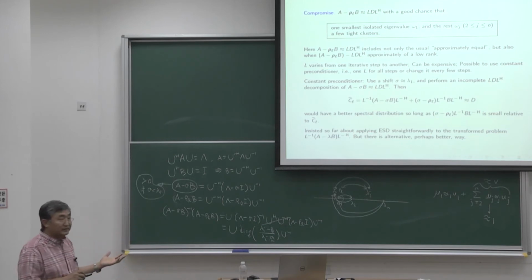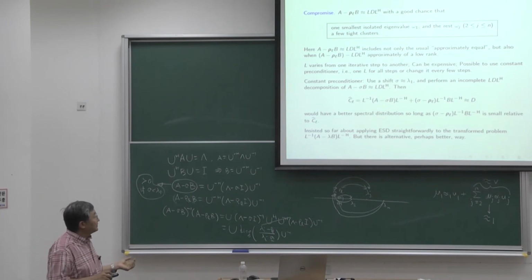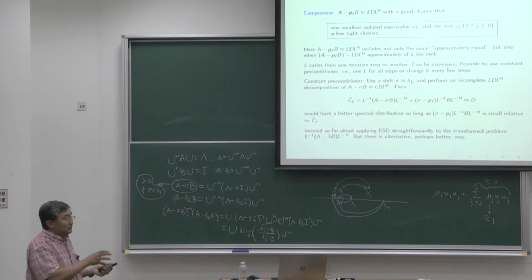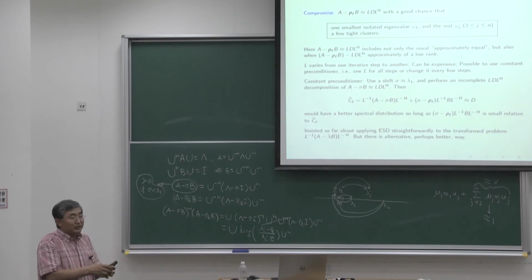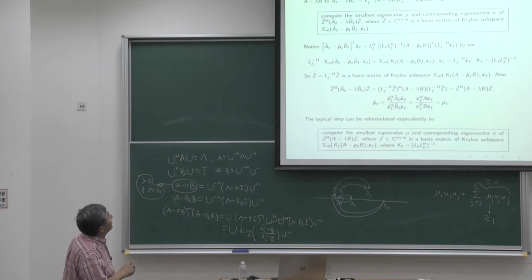Now there's an alternative way. This is typically the case: you have a problem, transform it, do an algorithm on it, and then you can somehow work on a piece of paper to reformulate the problem so that the whole thing runs in the same format. This happens again.